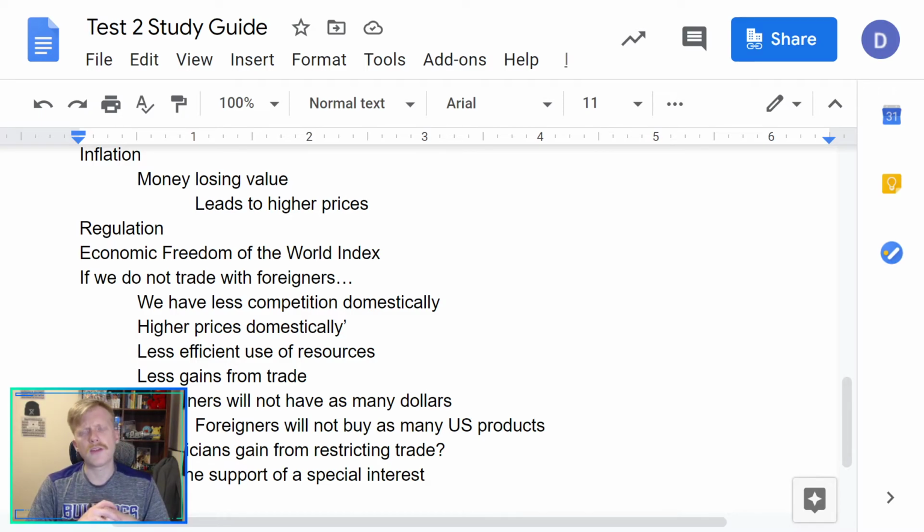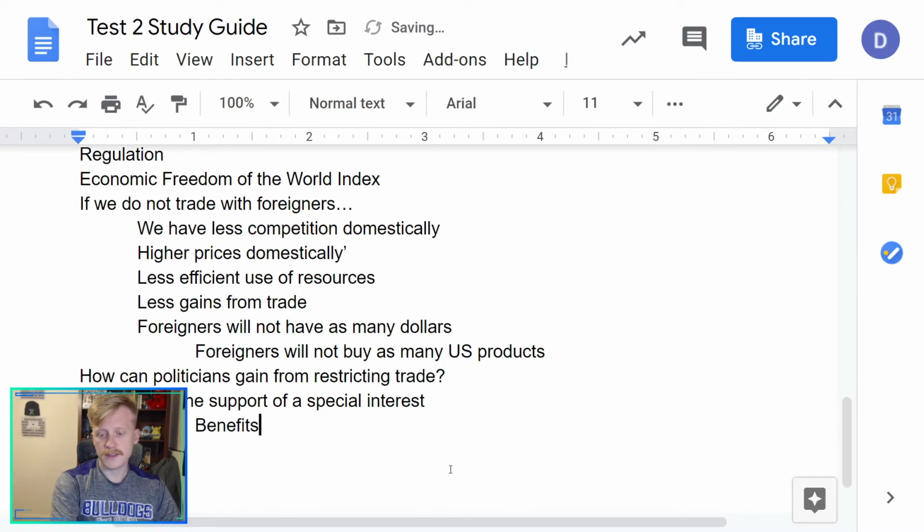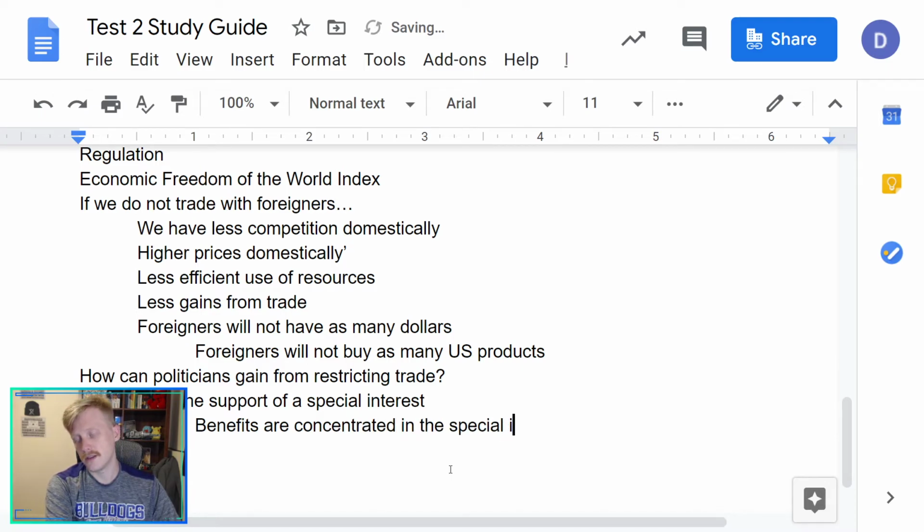So you got to ask, what about everyone else that has to pay more for sugar? What about everyone else that has to pay more for steel products? Well, yeah, it does cost them. As a matter of fact, the total cost is greater than the total benefit to that select interest group. But this is because the benefits are concentrated in the special interest.